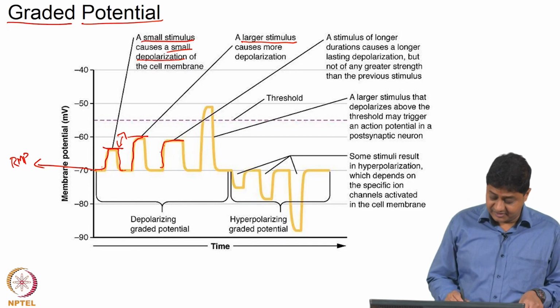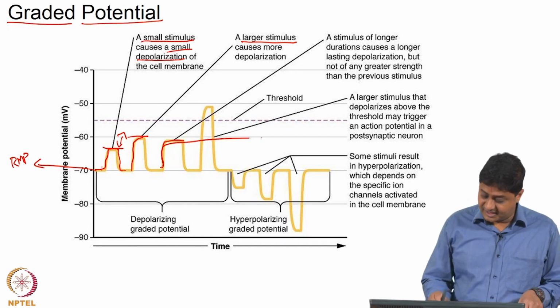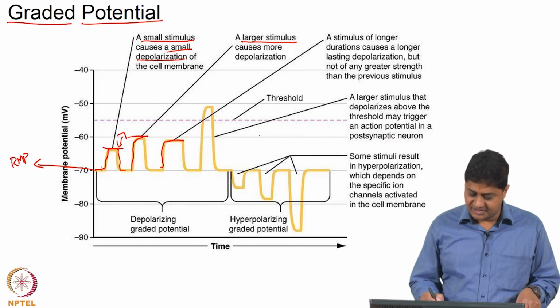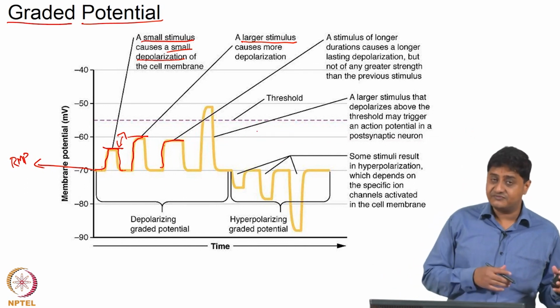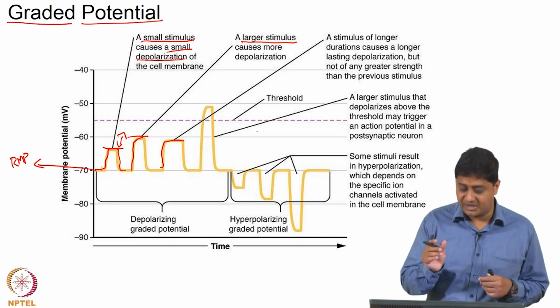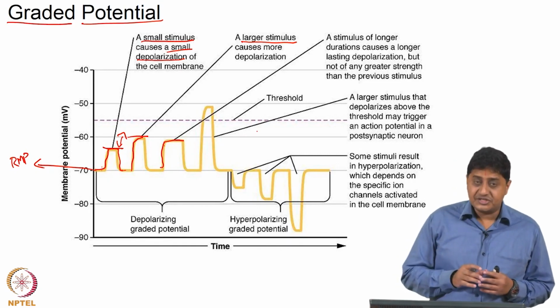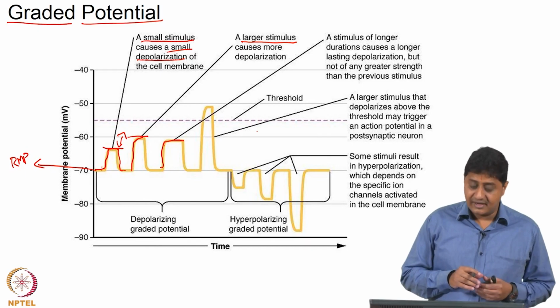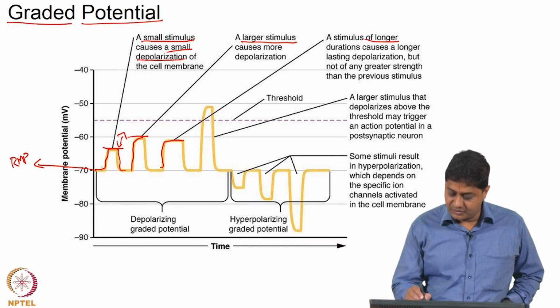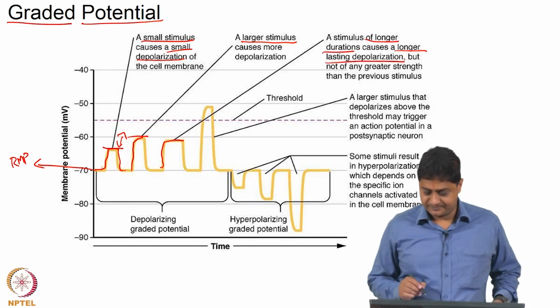Sometimes it is possible for the stimuli to last for several seconds, and the response will also last for so many seconds. Contrast this with the action potential, a topic we are going to discuss in future, which is going to be relatively brief. Graded potentials can last for a relatively long period. A stimulus of longer duration causes a longer lasting depolarization.